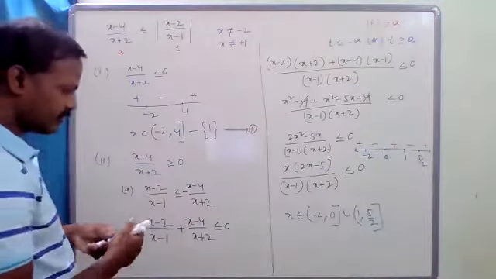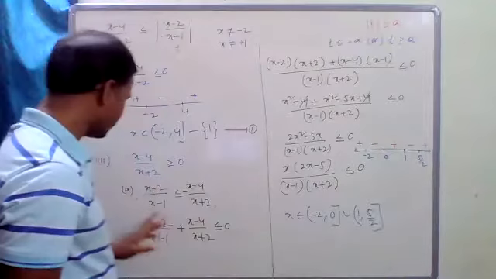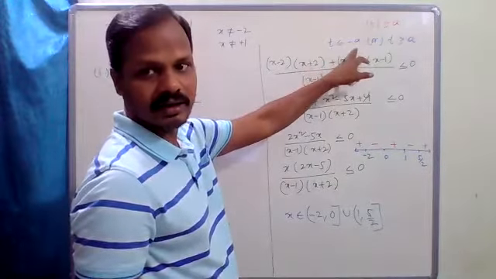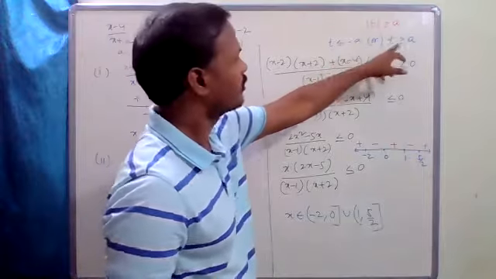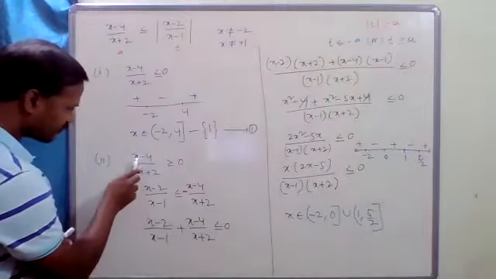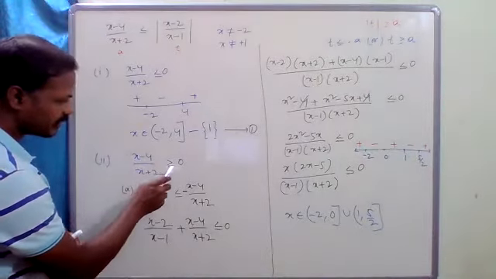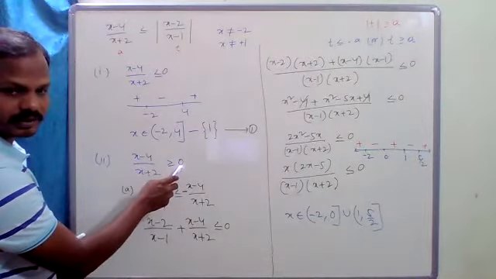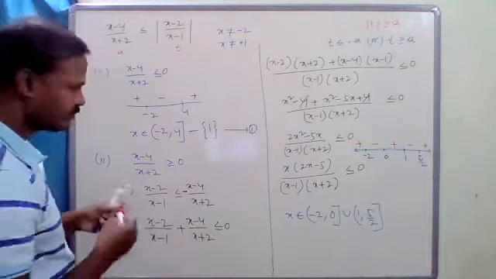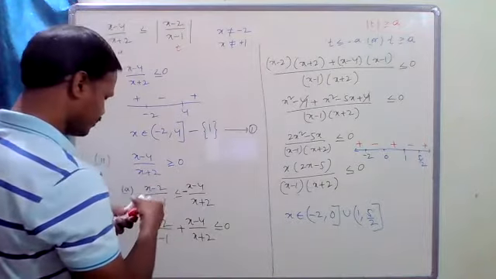So this is the case of t less than or equal to minus a. Next, you have to take this one. Now see here, (x minus 4) by (x plus 2) greater than or equal to 0. From this, what is the value of x?